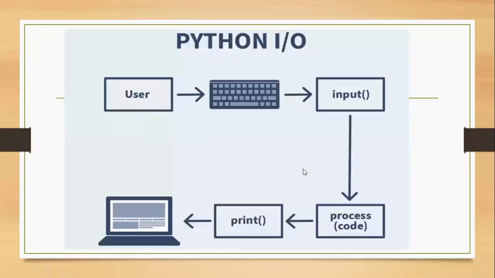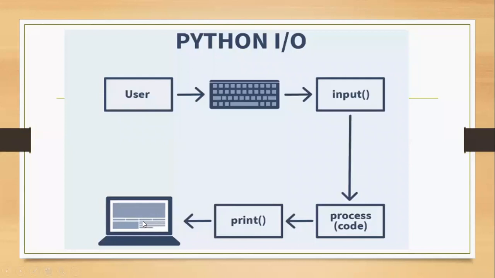Python input output. I tried to draw this kind of flow chart to basically explain what happens. If you are the user, you may use an input device like a mouse or a keyboard to help you feed something or input something. Once you input that, whatever you input as data gets processed so that it gets meaning, and then it is printed out and somebody sees it again through any output device.